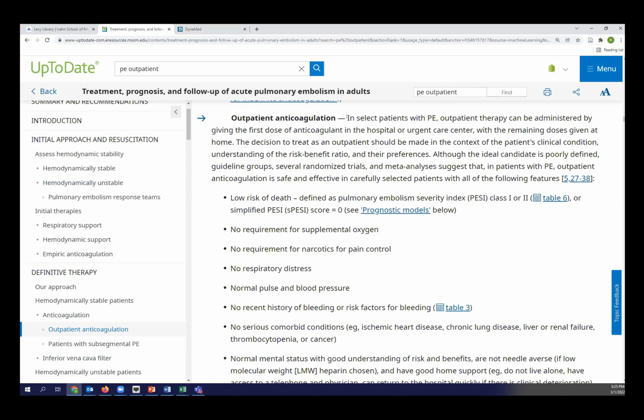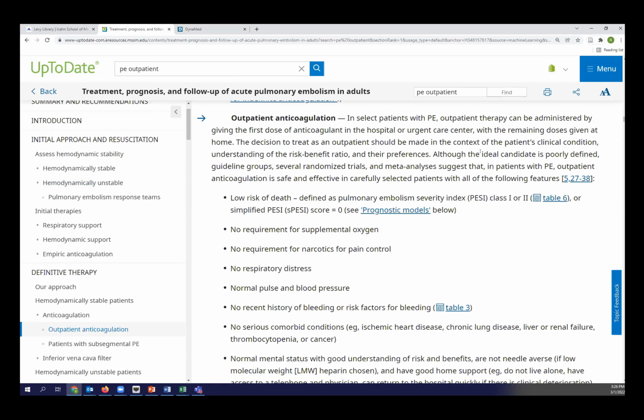So here we get: in select patients with PE, outpatient therapy can be administered, giving the first dose in the hospital or urgent care with the remaining doses given at home. The decision should be made in the context of the patient's condition for understanding risk benefit and their preferences. So this is, I also love this question. It's a really great example of where patient preferences can come strongly into play.